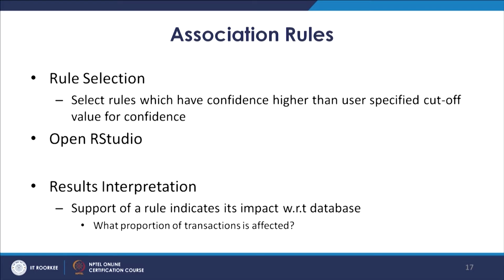As you can see here, we can select the rules which have a confidence value higher than the user specified cutoff value for confidence. Again, we require a certain input from the user for selecting association rules. Any rule having a confidence value higher than the user specified confidence level can be selected.